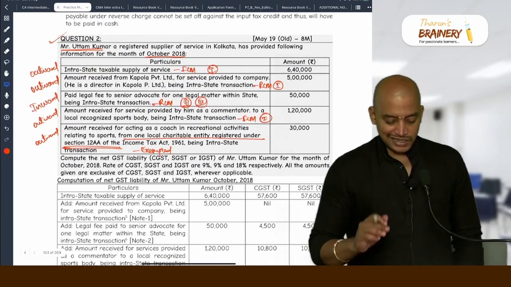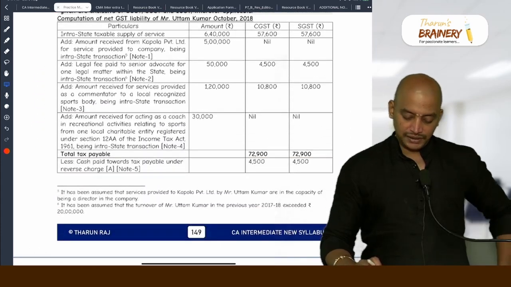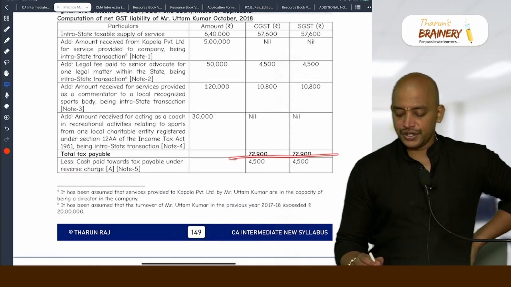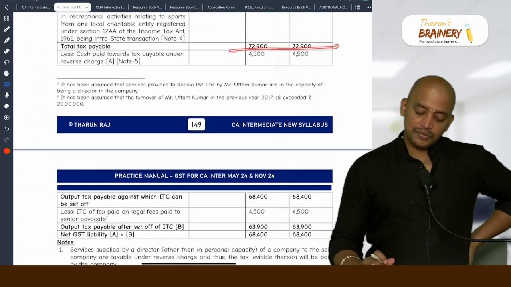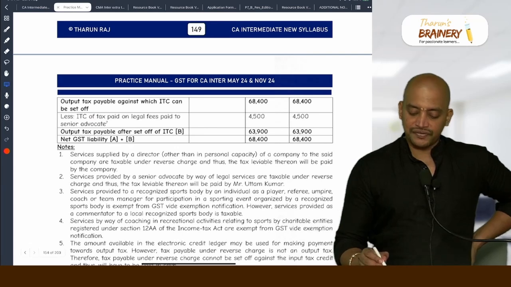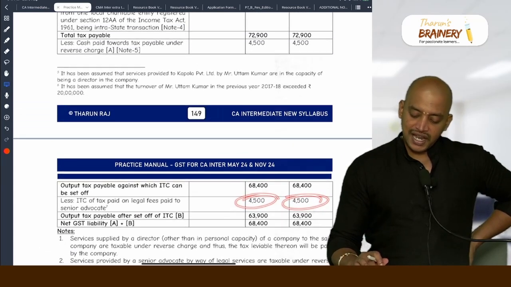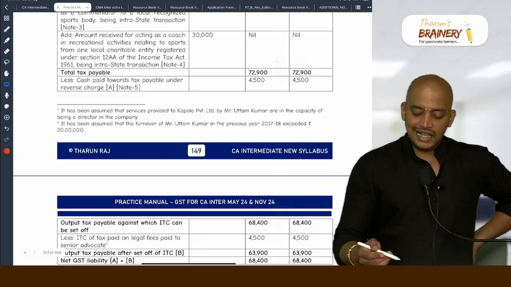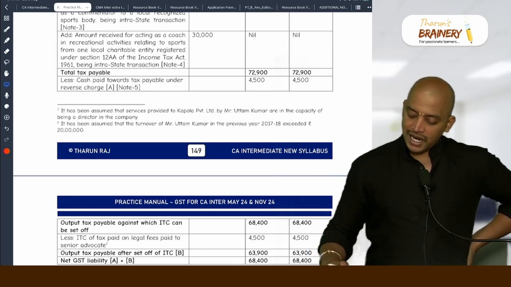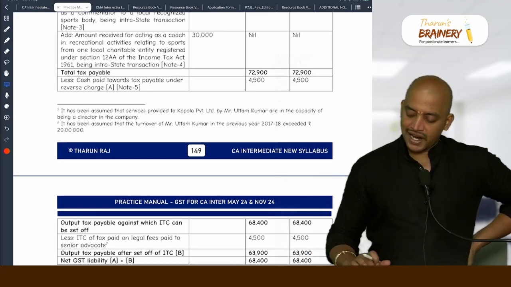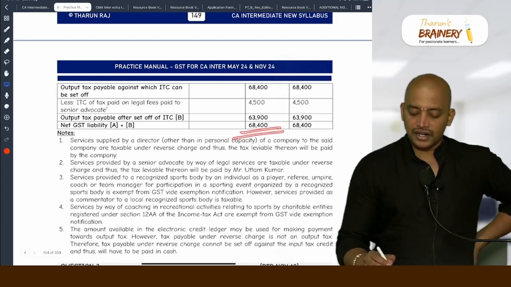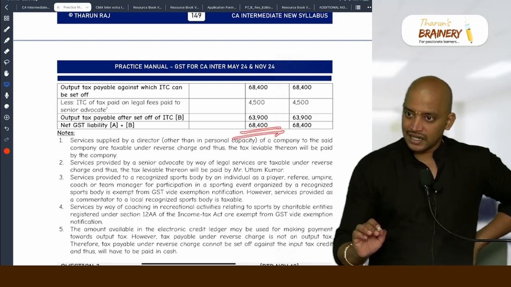One second, up to this you understood? Statement two, 4,500, 4,500, you understood? This 4,500 and 4,500 we can set off against the FCM. So 72,900 minus 4,500, 68,400. Are you getting this? Clear?